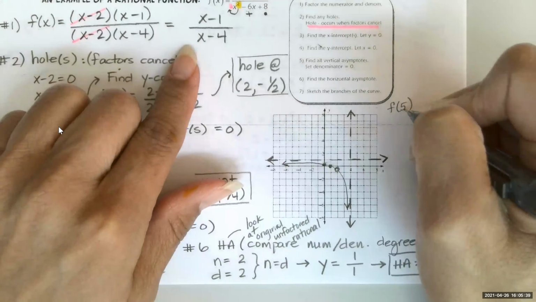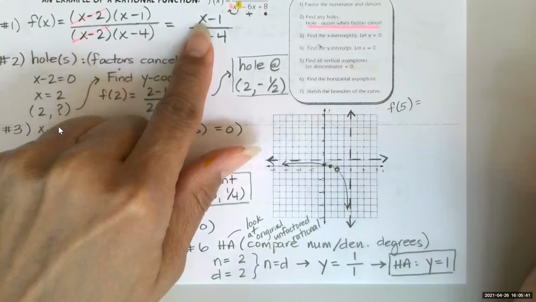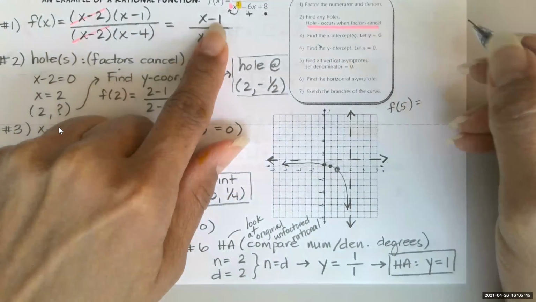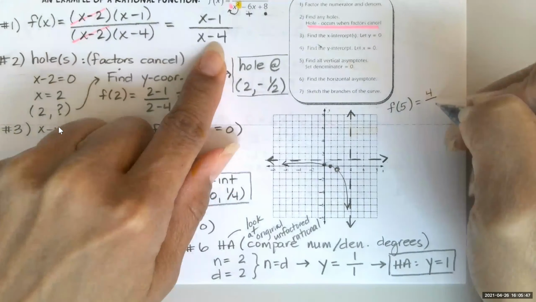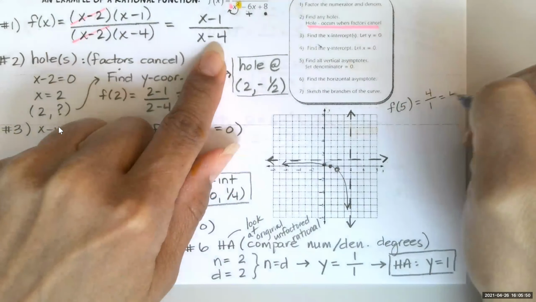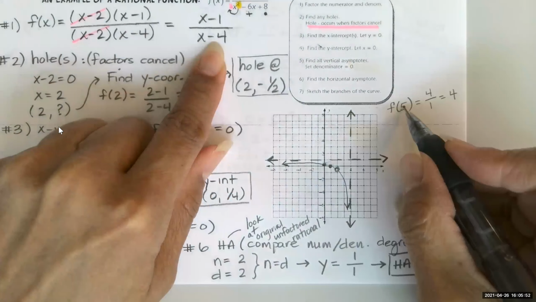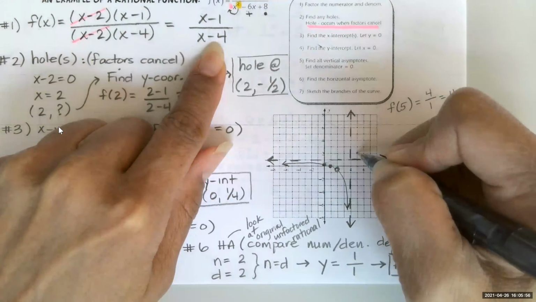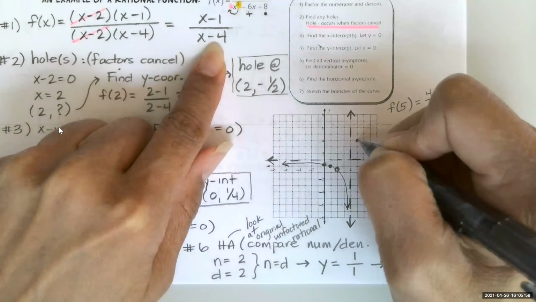If my x is 5, as I'm showing you here in my notation, 5 minus 1 gives me a 4. 5 minus 4 gives me a 1. 4 over 1 is 4. So my point is 5 comma 4. So 5 comma 1, 2, 3, 4. So I can put a dot here.